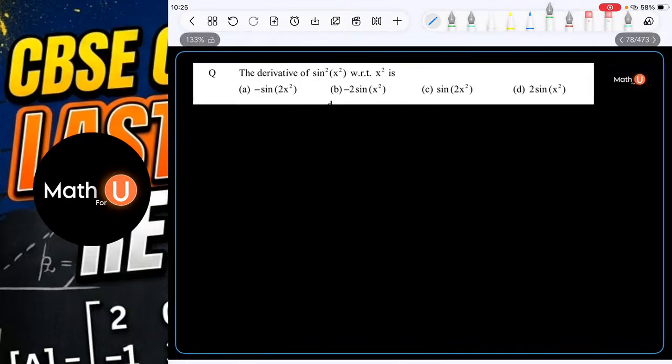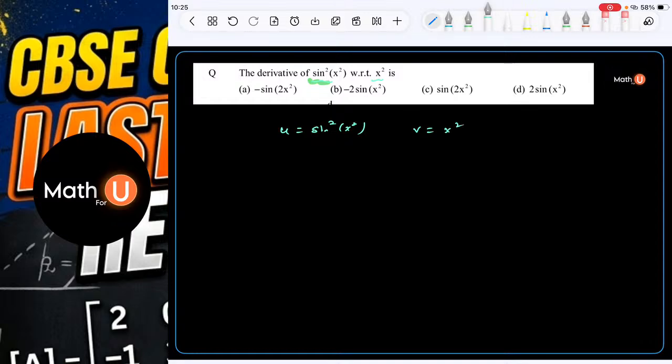This type of question was asked in previous years. Here consider the first function as u equal to sin square x square, and consider the second function as v equal to x square. Then differentiate with respect to x, du by dx. Otherwise you can take du directly, no problem.